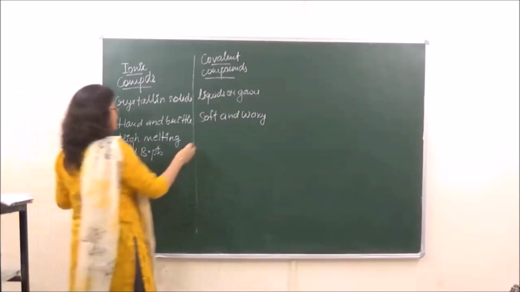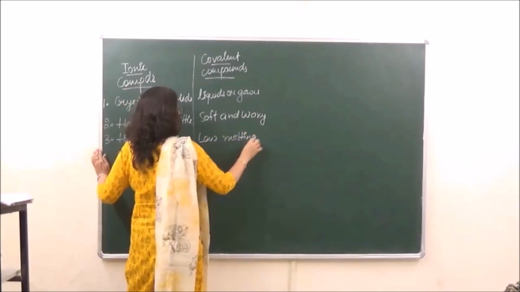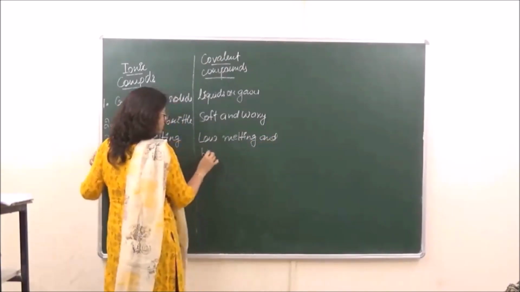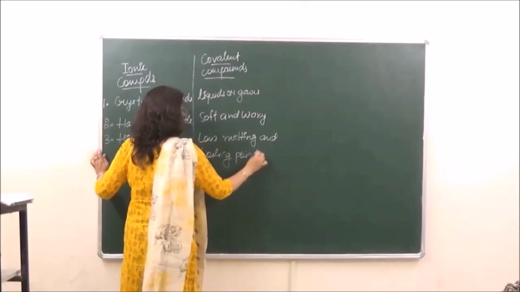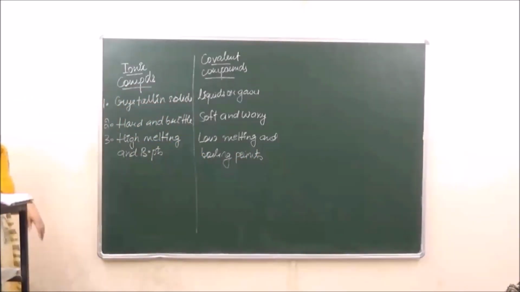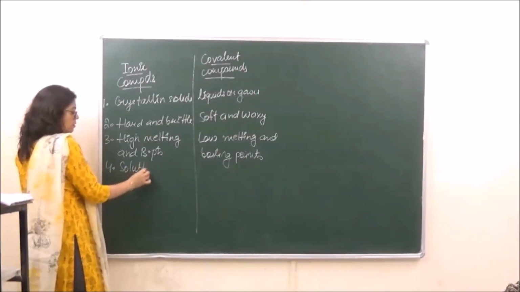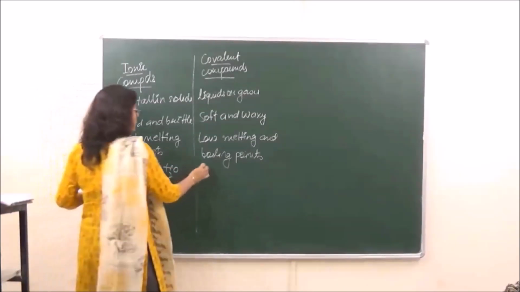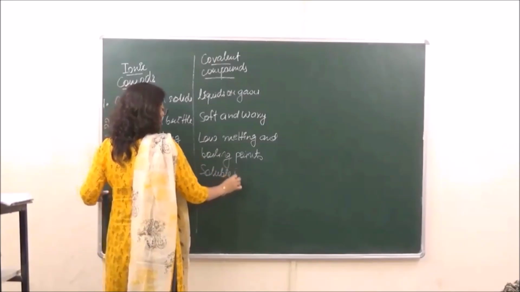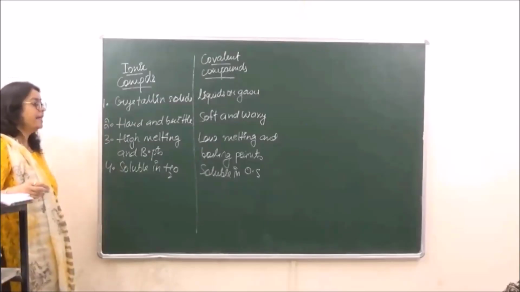Whereas covalent compounds have low melting and boiling points. ठीक है? फिर number 4, they are soluble in water. And these are soluble in organic solvents.